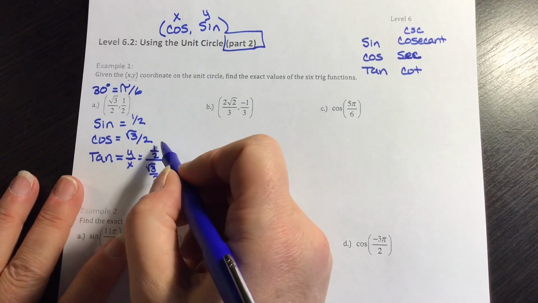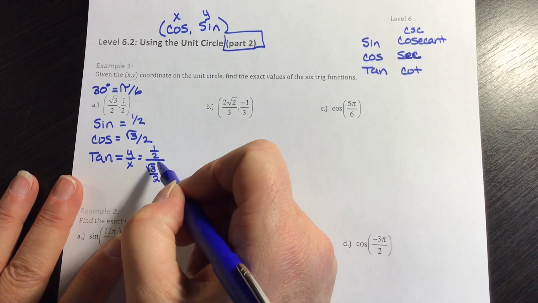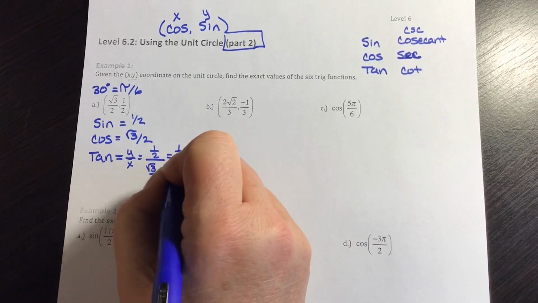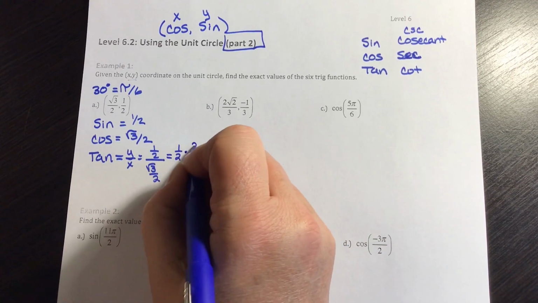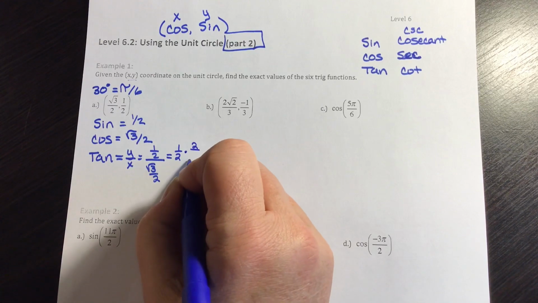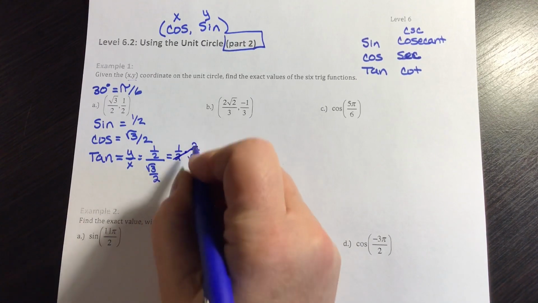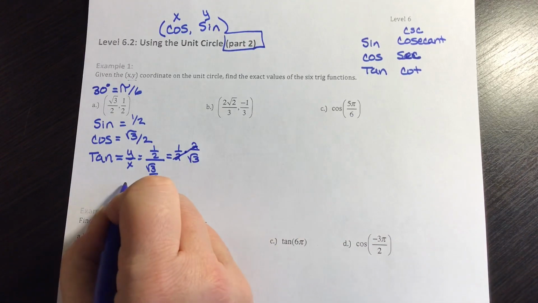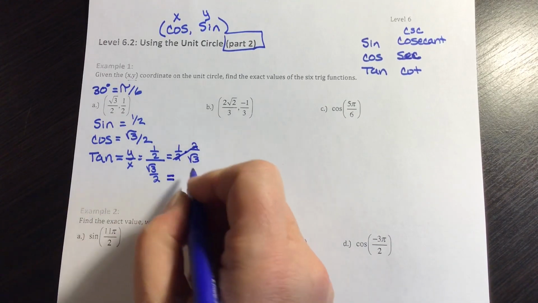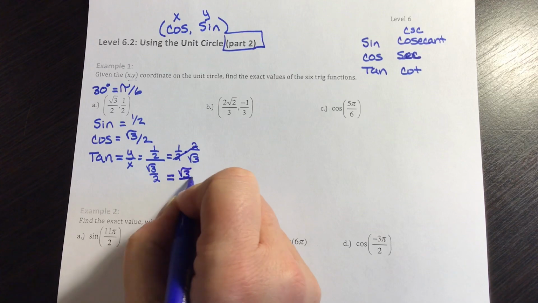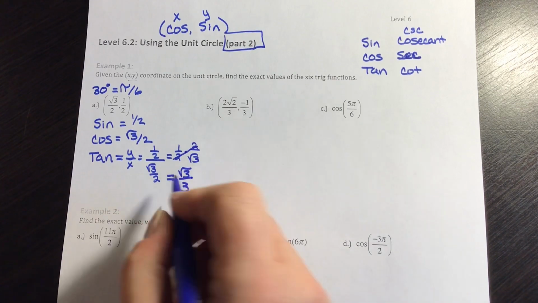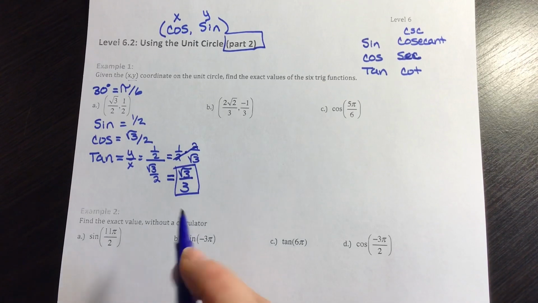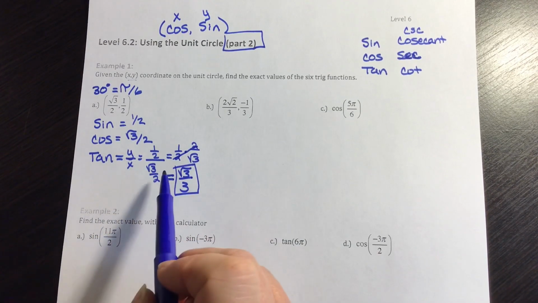If I have 1/2 divided by square root of 3 over 2, I flip, multiply by the reciprocal. So I have 1 over the square root of 3, which is the square root of 3 over 3 if I rationalize. All right, so I had to do a little division here.